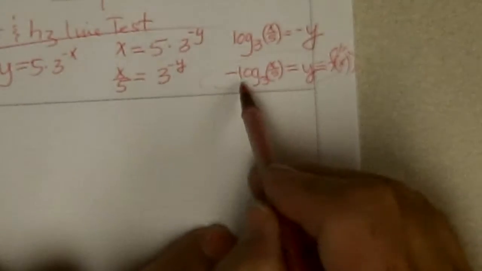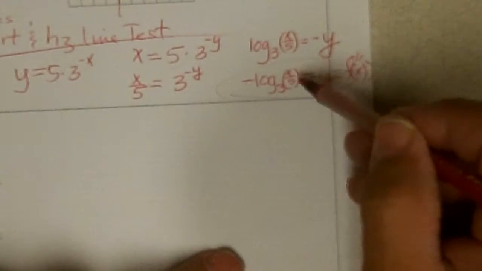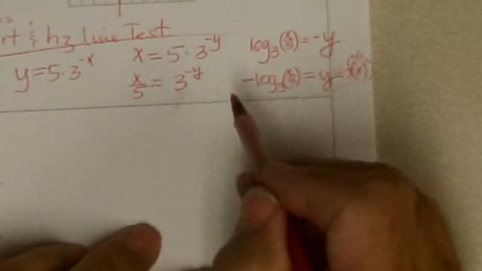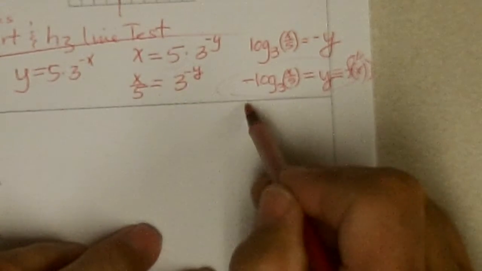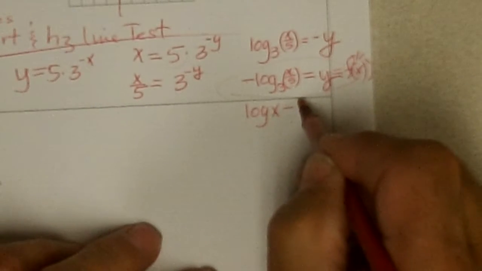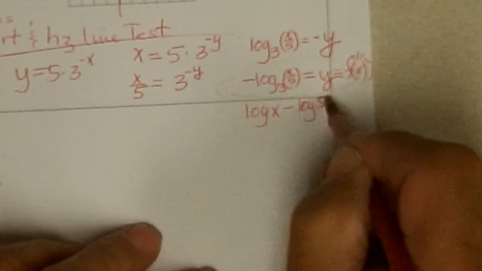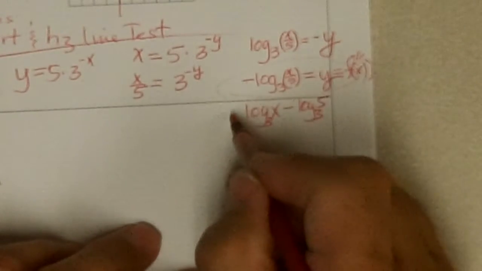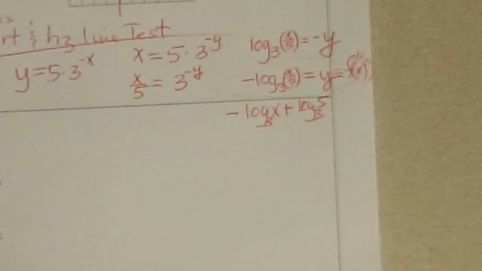Now I could put the negative up as a power, and that negative 1 would flip this over, or I could not. Either way, this quotient could be log of X minus log of 5, base 3 on both of those. But I got the negative of that, so we put a negative there and a positive there.